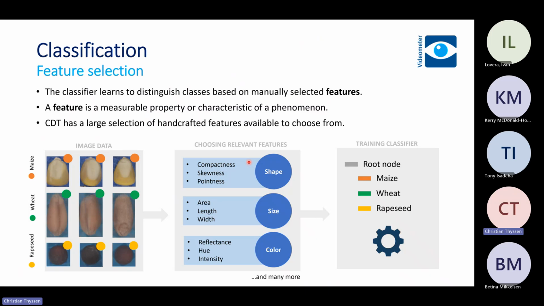We could choose, for example, among shape features, the compactness or how pointed they are, area, length, the width, and so on. Or you could also use the color features. But once you have selected relevant features, you would then go on to the step of training the classifier.